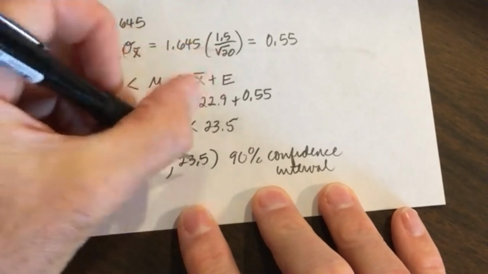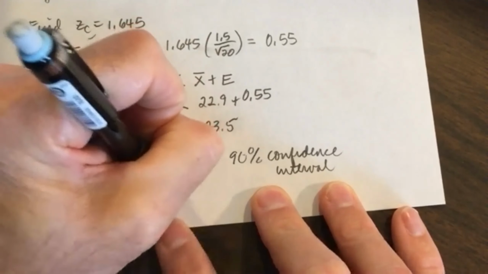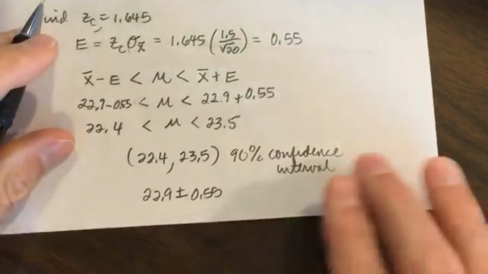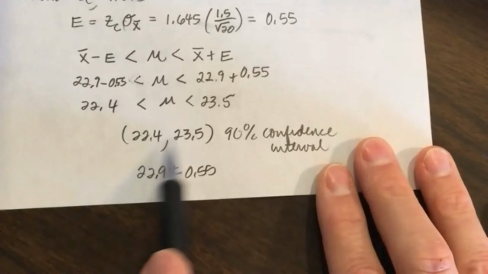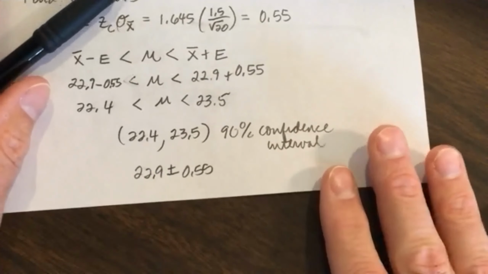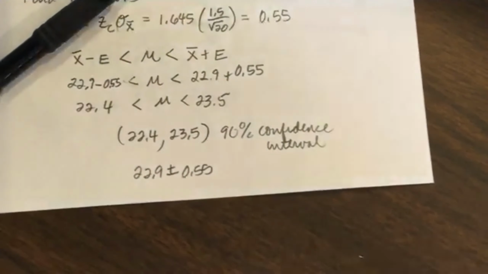So sometimes we get the answer reported as 22.9 plus or minus the 0.55. So you can write your confidence interval either as an interval or as an estimate with a margin of error. And either one of those will work fine. You'll just have to figure out which one my stat lab is asking for and put it in the right way.